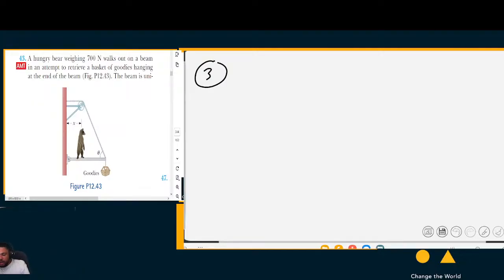Now, let me draw, they ask us to draw a force diagram for the beam. So this is the beam. A force diagram helps incredibly. This is the origin, the point where it's connected to the wall. Let me write the origin here.